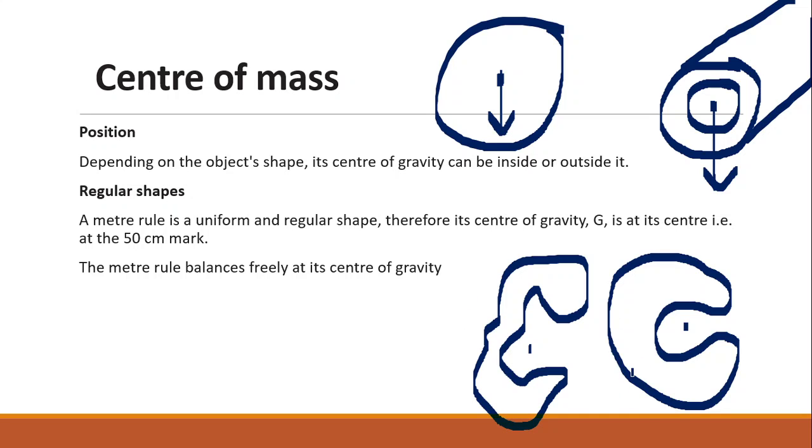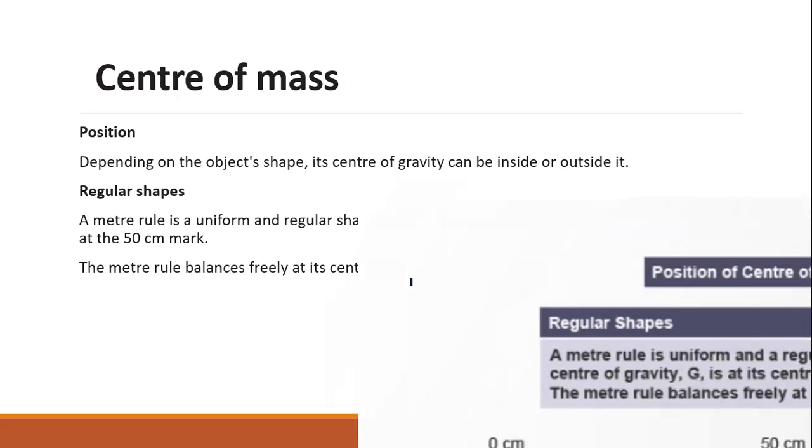So the point is, the center of mass is just an imaginary term, the point at which it appears that the weight of an object is being applied. A meter rule is a uniform and regular shape, therefore its center of gravity is at its center. The meter rule balances freely at its center of gravity.